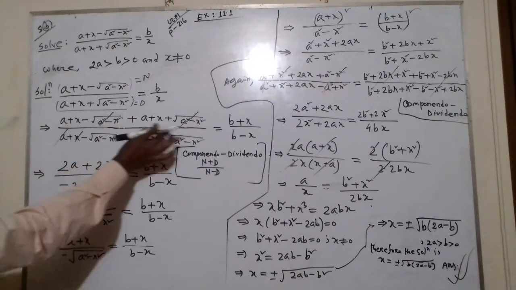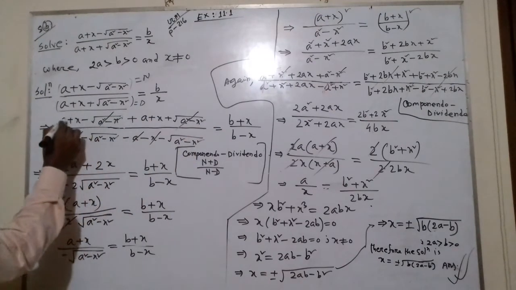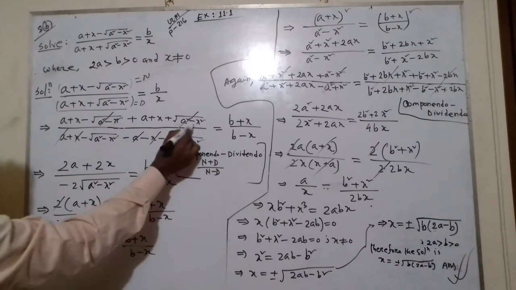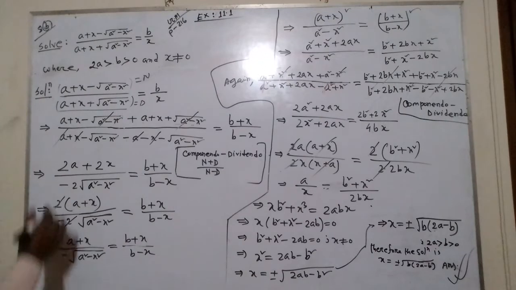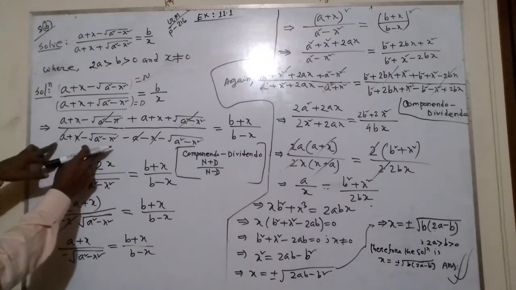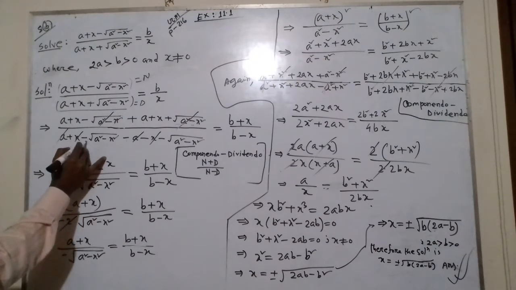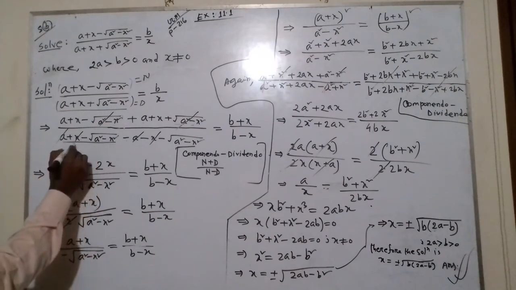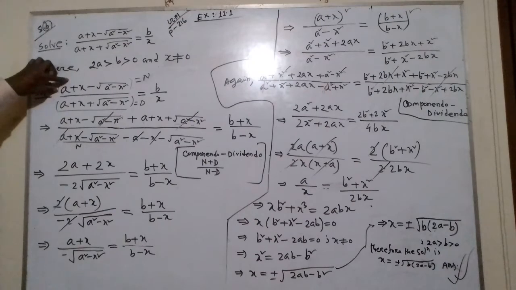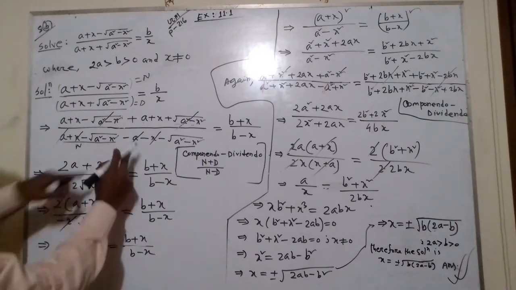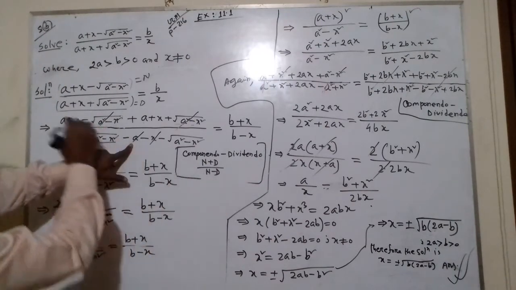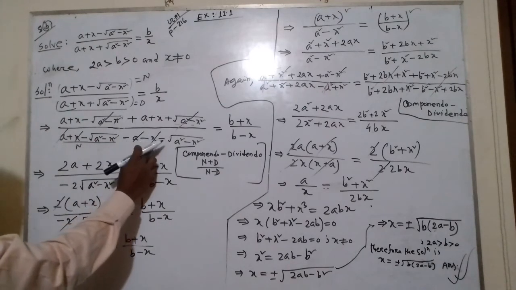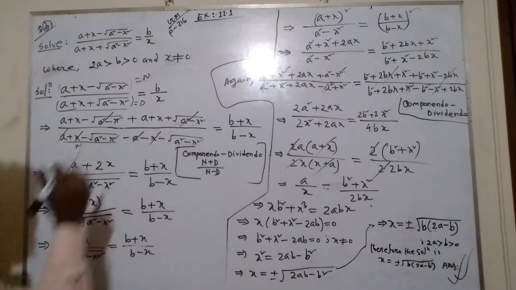So numerator plus denominator, divided by numerator minus denominator: a plus x minus root over a square minus x square, minus of the denominator, a plus x plus root over a square minus x square.